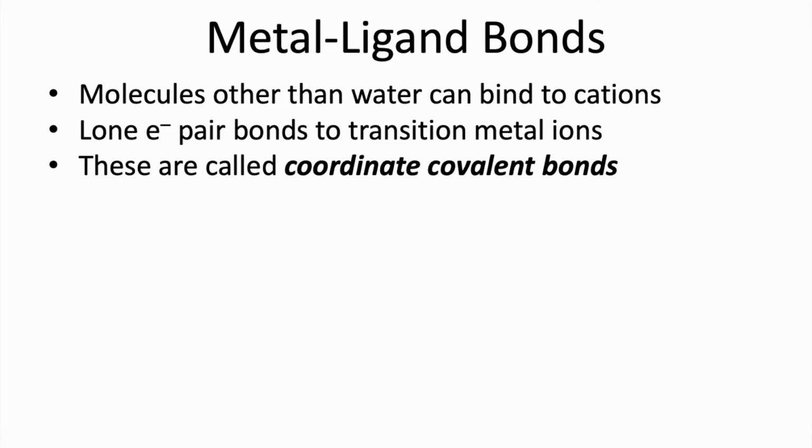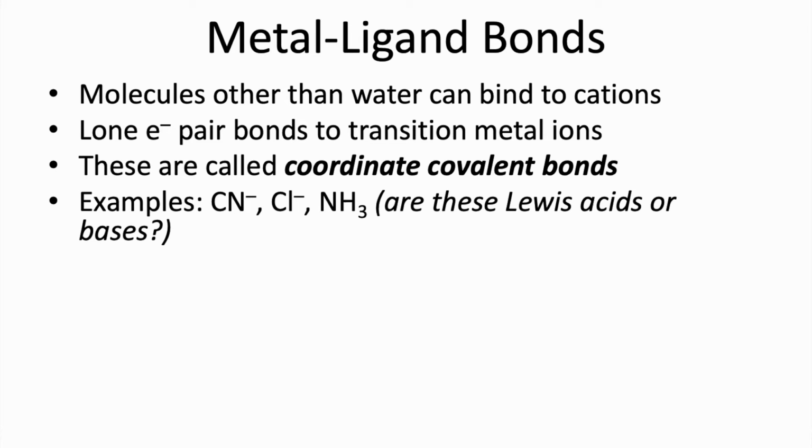Unlike a regular covalent bond where you'd have one electron from carbon and one electron from hydrogen, and then they end up sharing the 2 electrons, in a coordinate covalent bond, the metal ion doesn't have any valence electrons to share in that bond. And so both of the electrons for the bond come from the ligand, which is essentially that lone pair on the water molecule or the other ligand molecule.